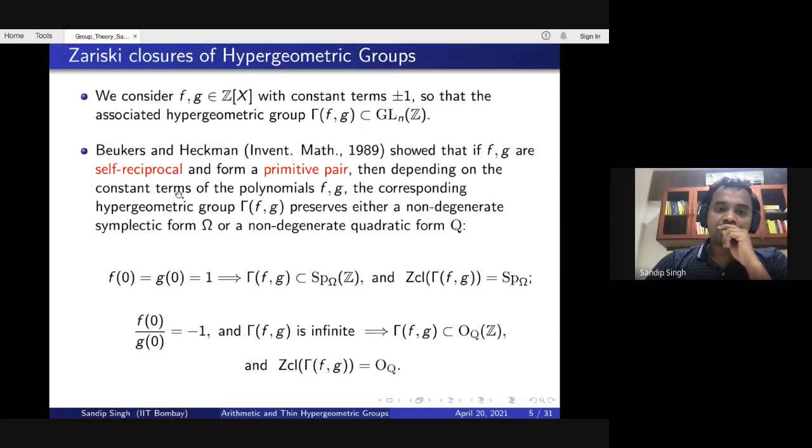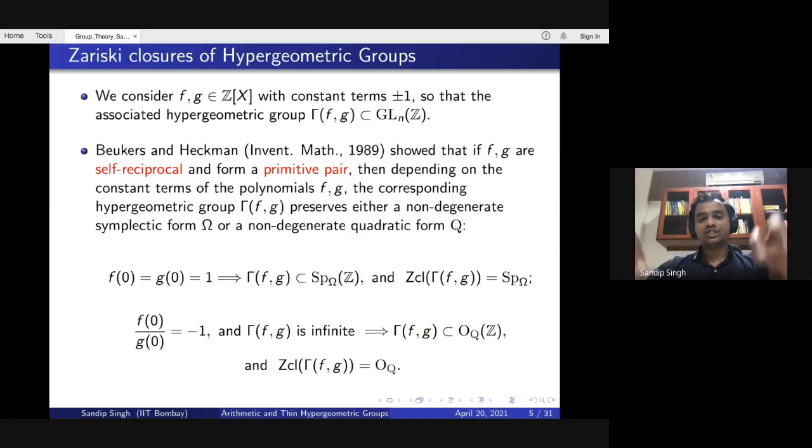And because of the rigidity condition, we know that if the polynomial is self-reciprocal, then A and A transpose inverse will have exactly the same characteristic polynomials. So we get that the action of this monodromy group on V is actually isomorphic to its action on V star.